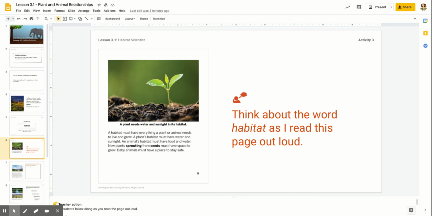That makes sense because that's what plants need. An animal's habitat must have food and water. New plants sprouting from seeds must have space to grow. And baby animals must have a place to stay safe. That makes sense.